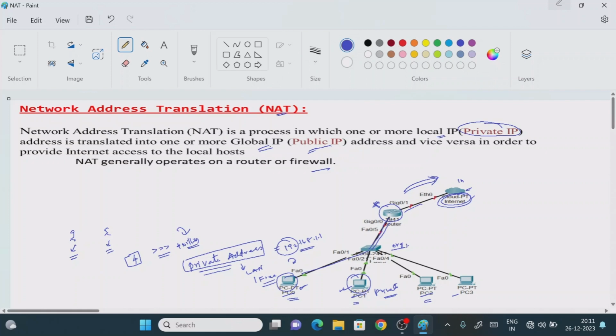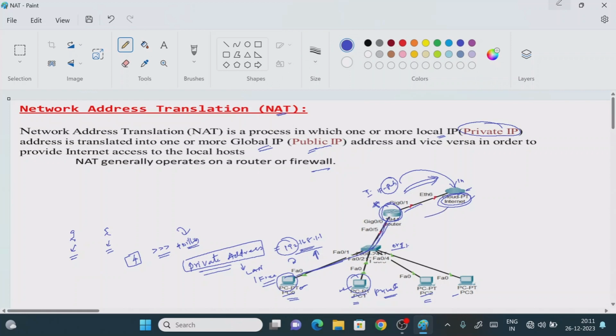You are going from here to here with your private IP address. The moment it goes to the ISP router, it translates your private IP address into a public IP address. Using this public IP address, we can happily communicate through the internet.